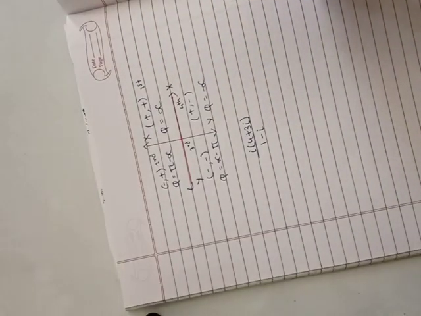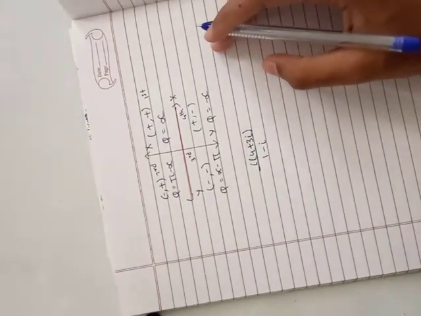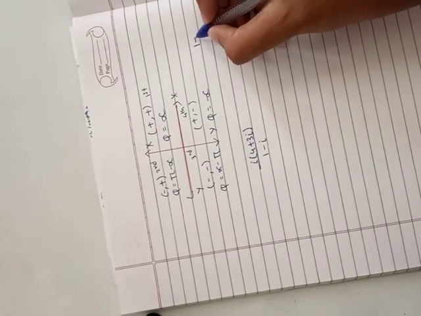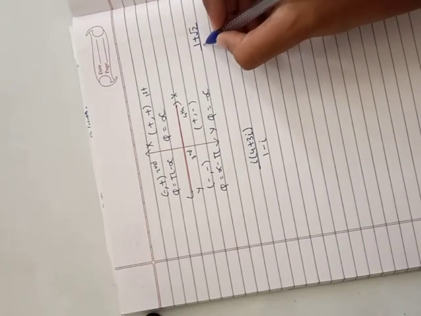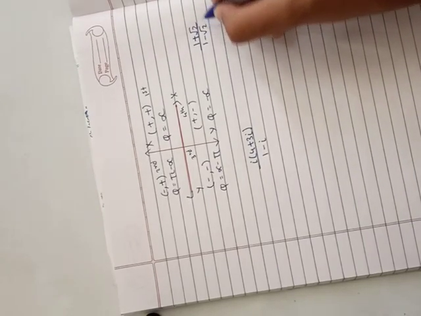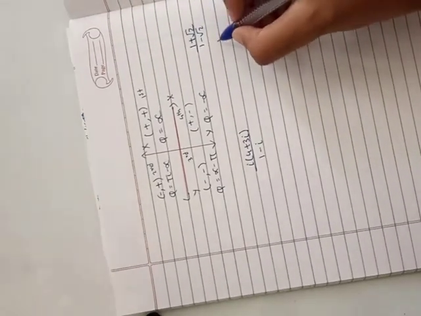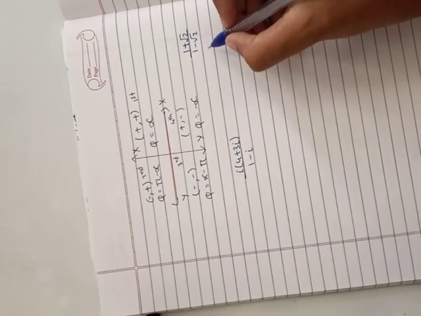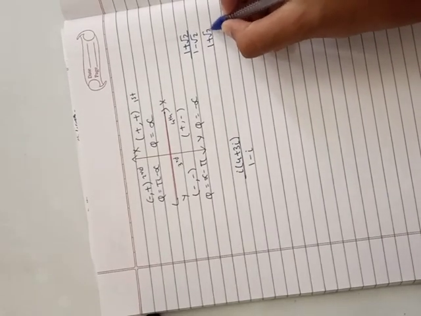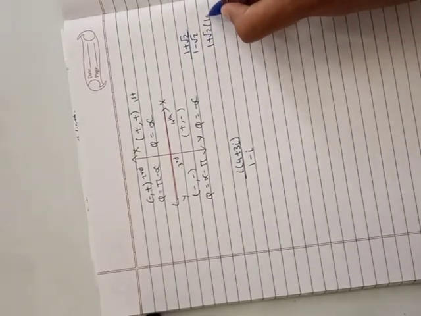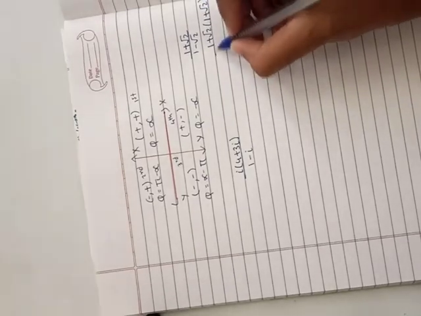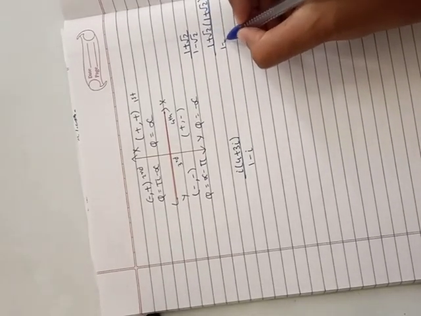So everyone knows the method of rationalizing the denominator. Like we have 1 plus under root 2 upon 1 minus under root 2. We just change the sign of the denominator and multiply it in the numerator, like multiply by 1 plus under root 2, multiplying the same in the denominator.